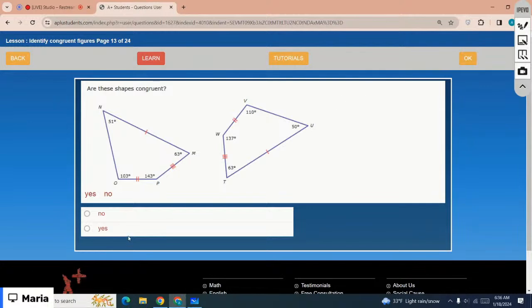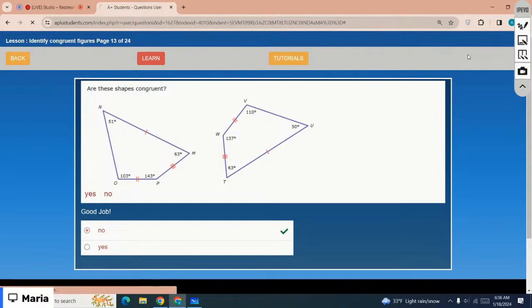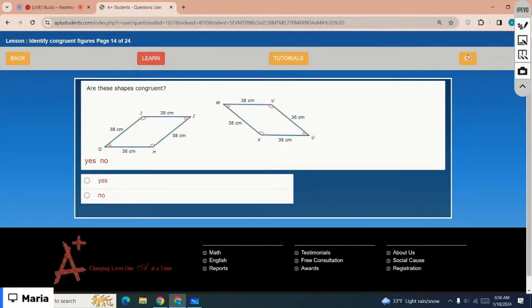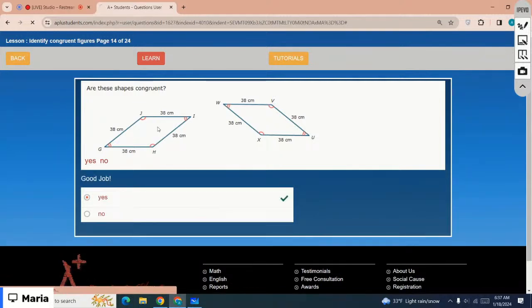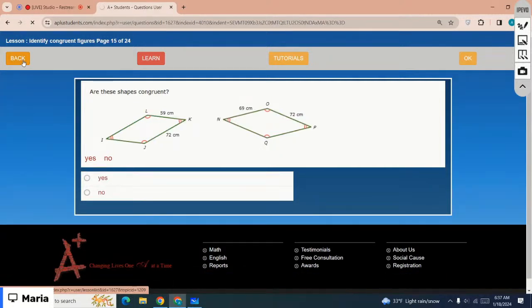No, they are not congruent. Yes, they are congruent. The correct option is yes. Okay, you can complete the lesson by yourself later today.